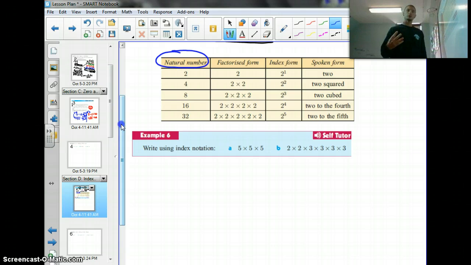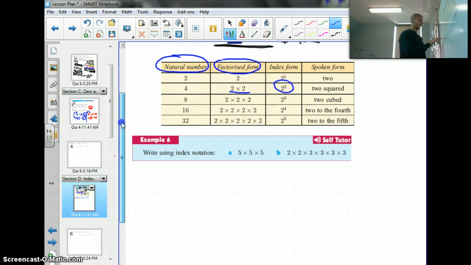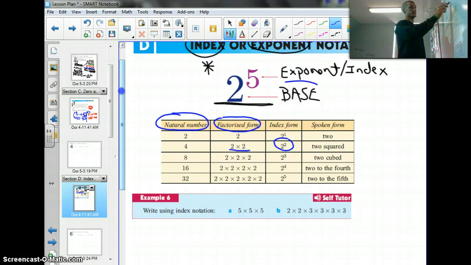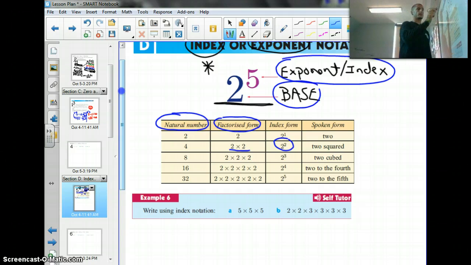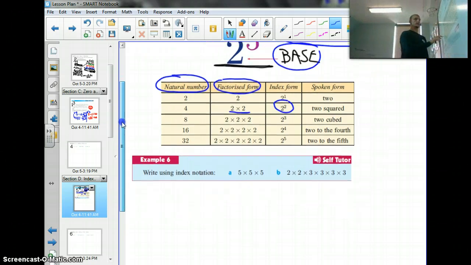If I said 2 squared, that means 2 times 2, and that's factorized form, written with a base and an exponent. 2 times 2 we know equals 4, and they call it the natural number.